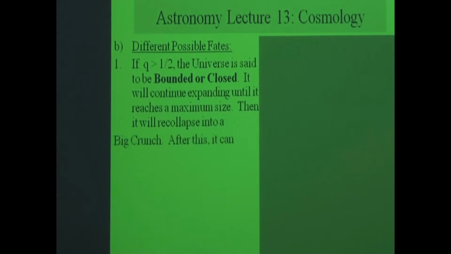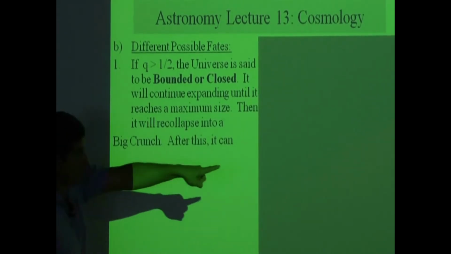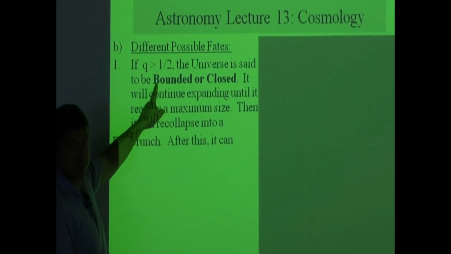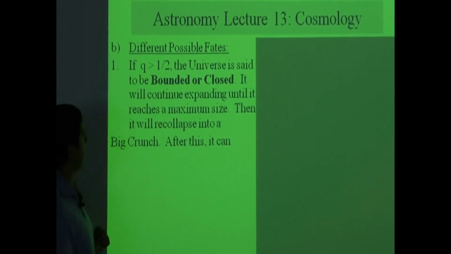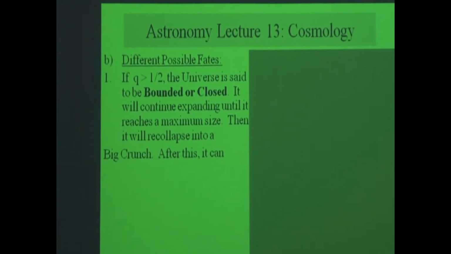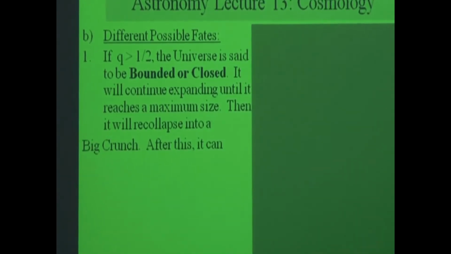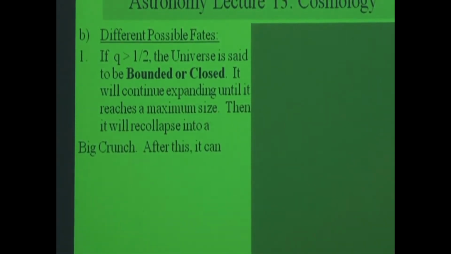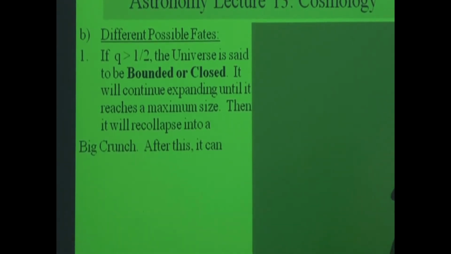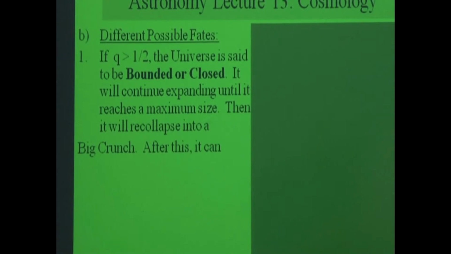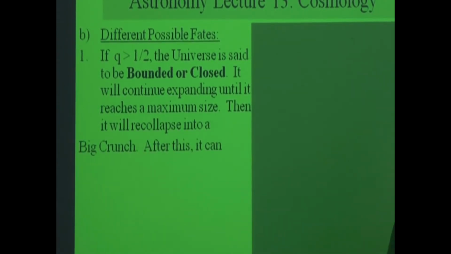Okay, so different possible fates. If Q is greater than half, the universe is said to be bounded or closed. It will continue expanding until it reaches a maximum size, then it will recollapse into a big crunch.